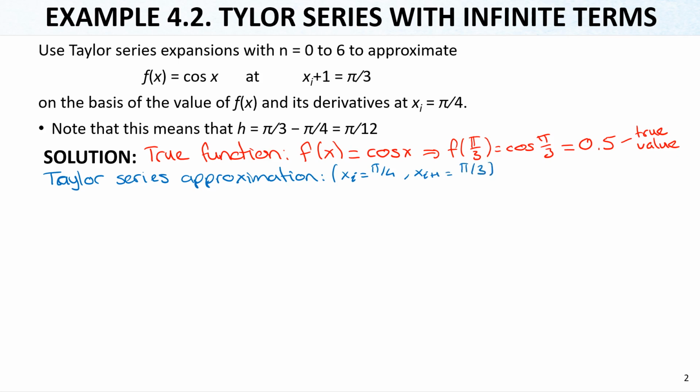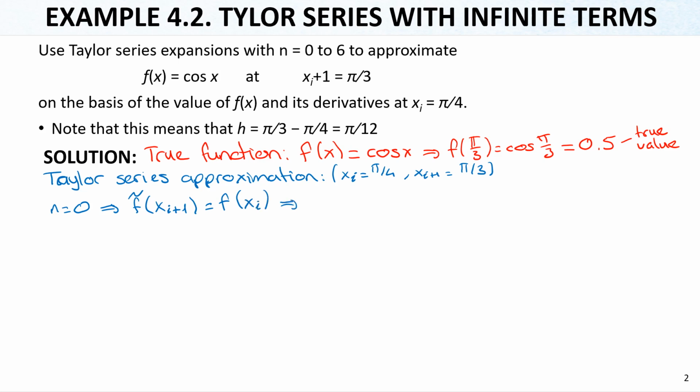Okay, let's start with n equals 0 because we will start with this up to 6. For this, we will only have the first term of Taylor series and it will give us an estimation. That's why we have the tilde on top of f. This is f(xi) for the first term.